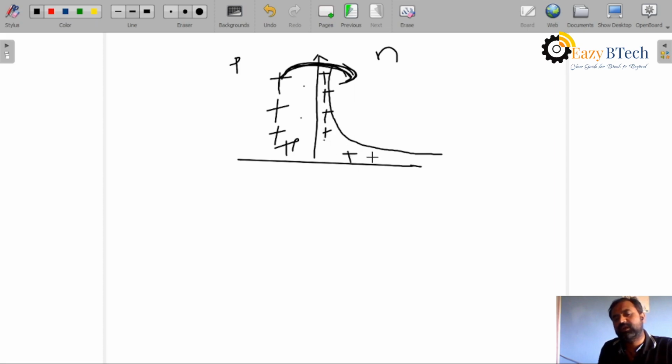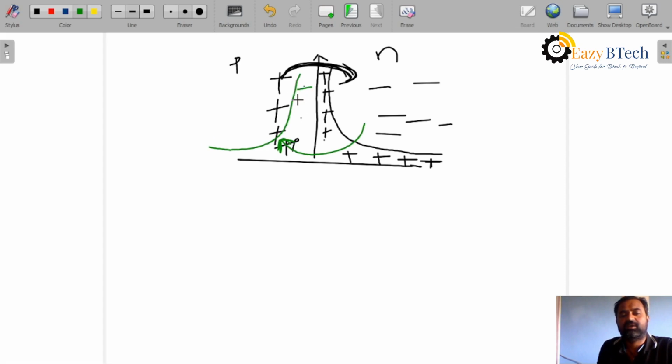While they are entering deeper inside, their concentration decreases. Similarly, in the N side, electrons can cross the junction and enter into the P side, and their concentration across the junction is maximum, and as they enter deeper, their concentration decreases. Is it clear?